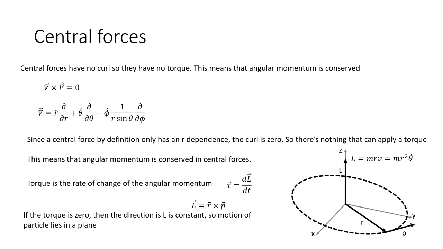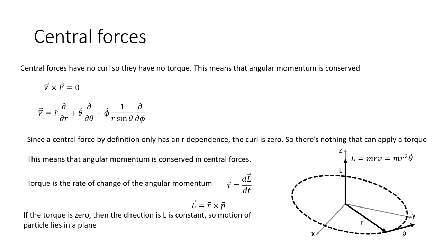So if there's no force applied to a system, then linear momentum is conserved. Just like that, in circular motion, if no torque is applied to this object, then there's no change in the angular momentum.